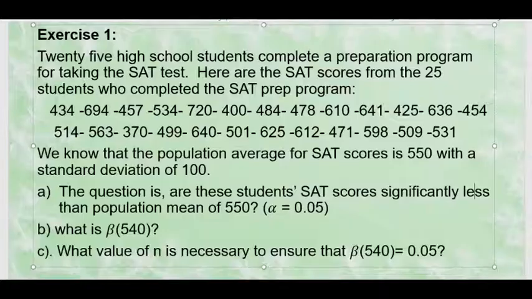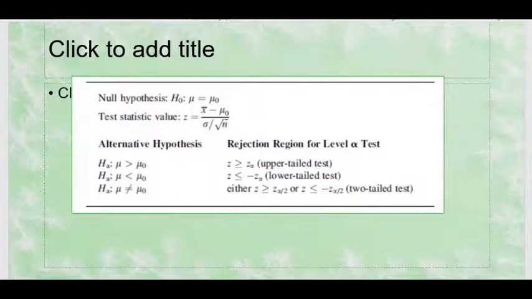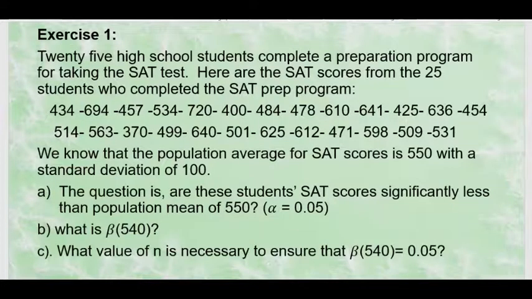Now look at this slide. So we need to find a critical value from the Z table. Z alpha, alpha is equal to 0.05.